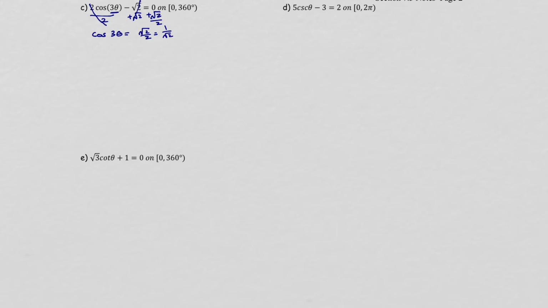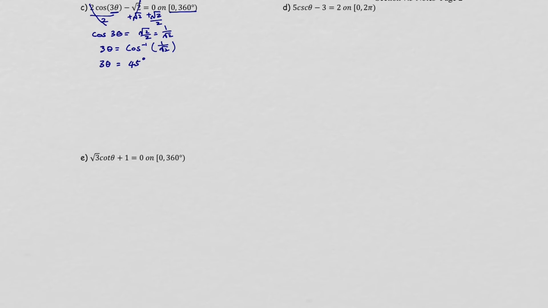And when you multiply both sides by inverse cosine, you get 3 theta equals cosine inverse of 1 over square root of 2. And which one gives you cosine 1 over square root of 2? That will be 45 degrees. We wanted to talk about degrees this time. So that will be 45 degrees positive.